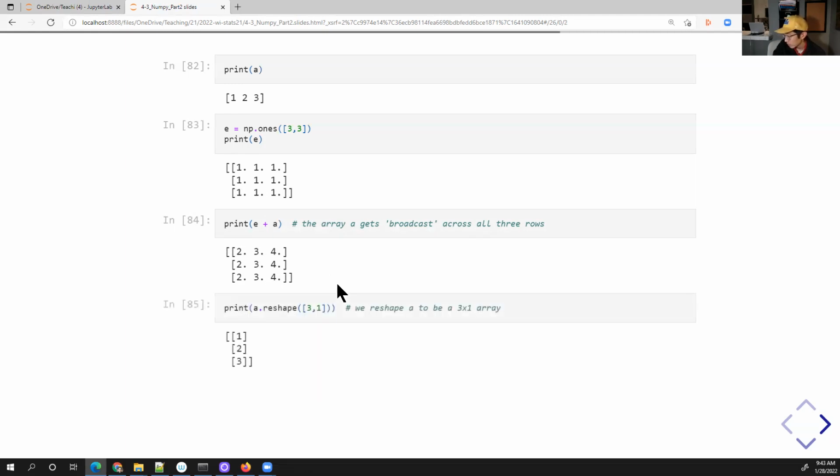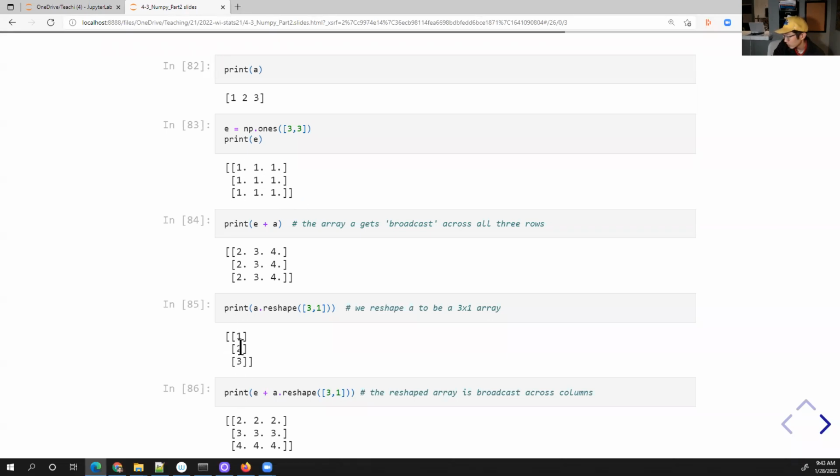All right, I can reshape A into a column. And then if I say E plus A, then it broadcasts A to match the dimensions here. So again, this is 3 by 3, and this is 3 by 1.